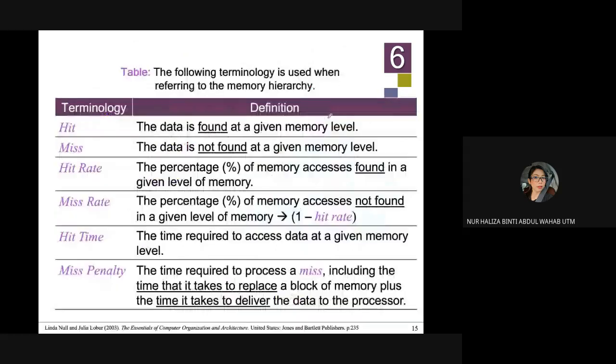The following terminology is used when you refer to your memory hierarchy. Okay, you can see over here you have the terminology which is hit, miss, hit rate, miss rate, hit time and miss penalty. If you look at this, what is miss penalty? It means I kicked the ball and it didn't go in the goal.